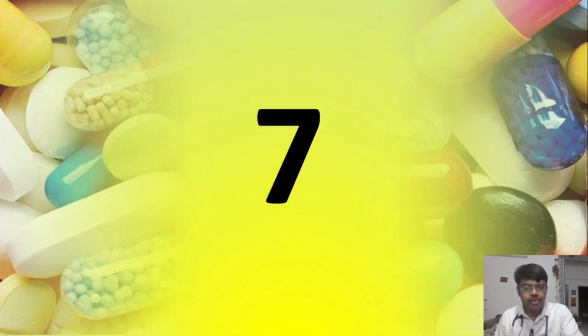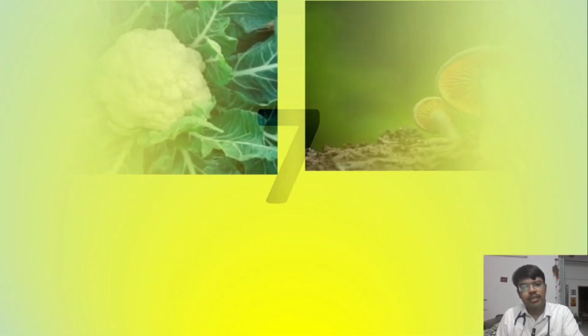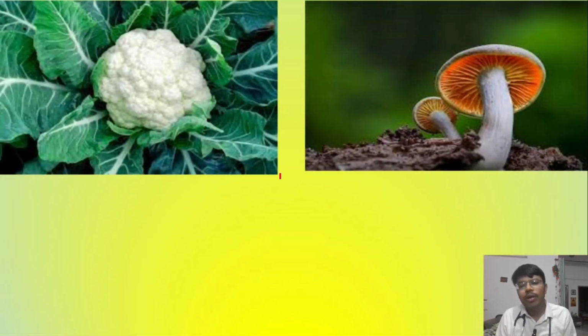So this we have seen. Coming to the seventh factor, which is an excessive amount of high purine vegetable diets like cauliflower, mushroom, peanuts, and spinach. So hyperuricemia or gout is not exclusively a disease of non-vegetarians. It can occur in vegetarians also, probably from a genetic cause. The decreased excretion of uric acid might be because of a genetic cause or because of some renal dysfunction.